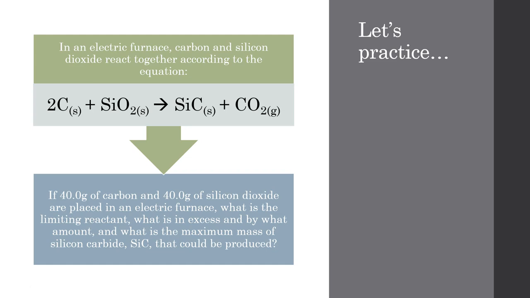Okay, so in our first example, we're told that we have an electric furnace that has carbon and silicon dioxide being reacted together, and we're given the equation. So we have 2 carbon reacting with silicon dioxide to produce silicon carbide and carbon dioxide. We're given 40 grams of carbon, so we have a mass and a molar mass, and 40 grams of silicon dioxide.